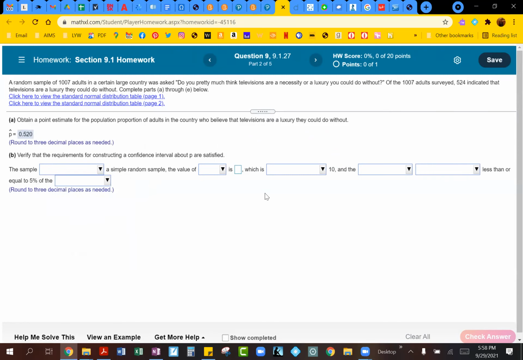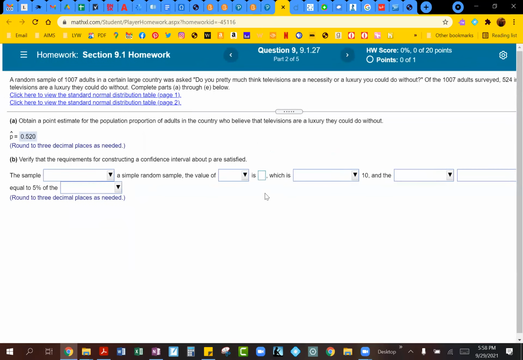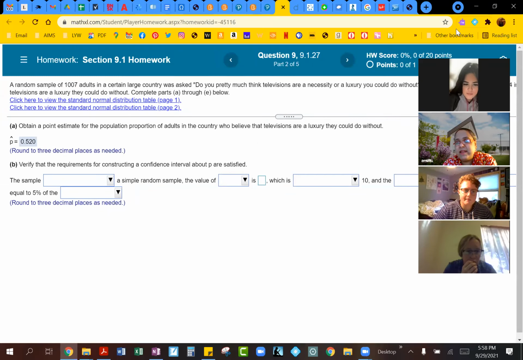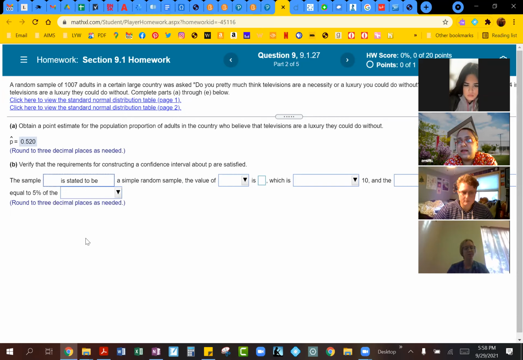So if you look at the instructions, what are they telling us about this sample? The very first part of the problem tells us, right, that it's a random sample of 1,007 adults. So it is stated to be a random sample.